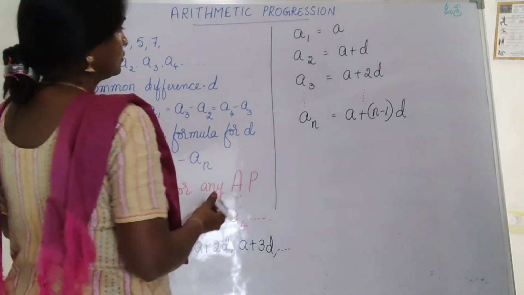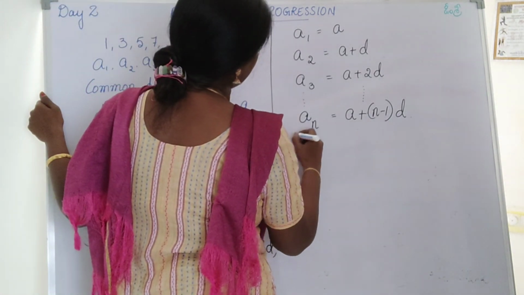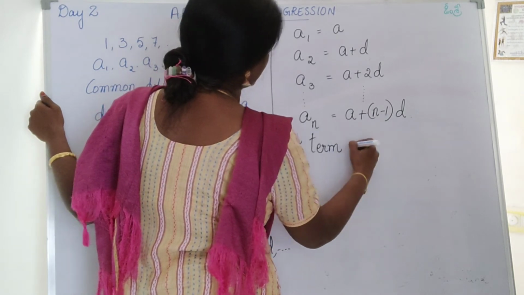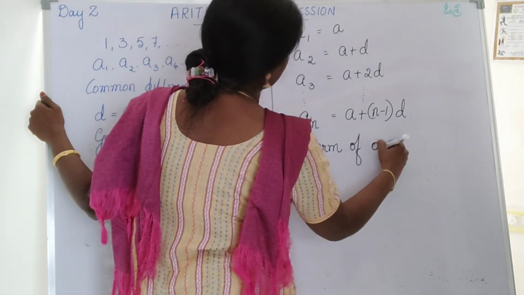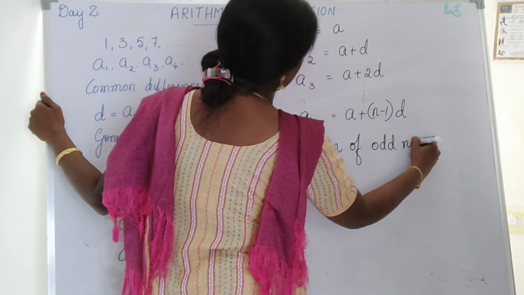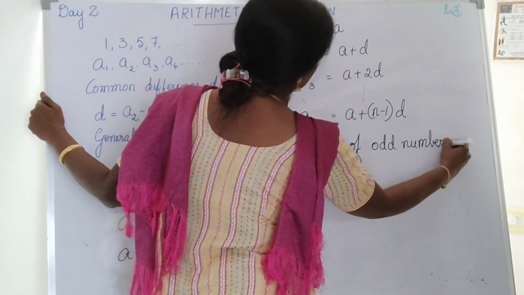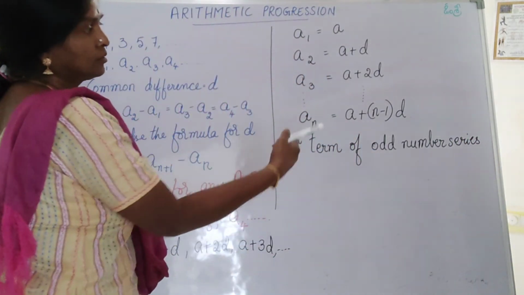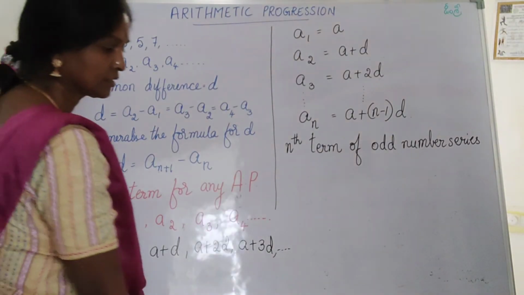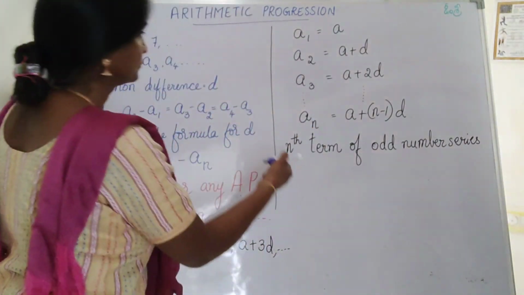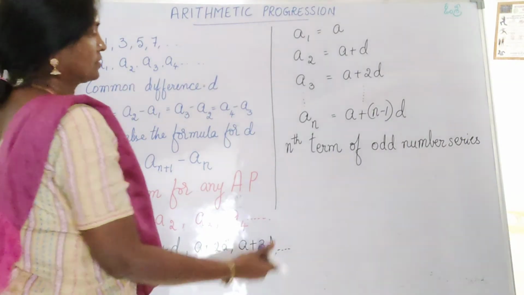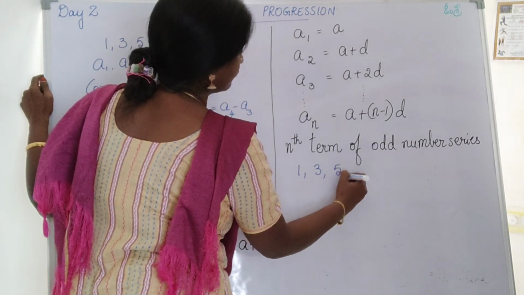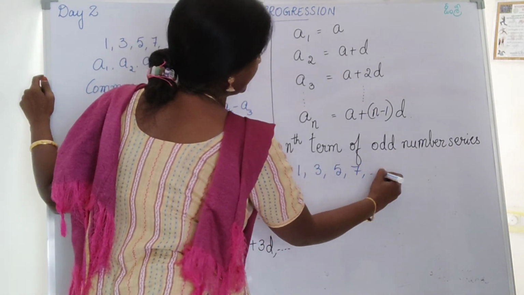The series can be written as 1, 3, 5, 7 and so on.